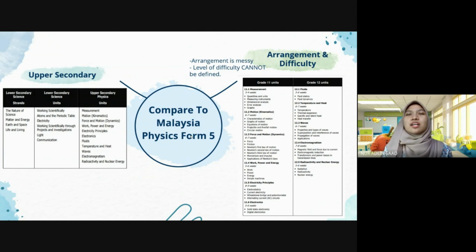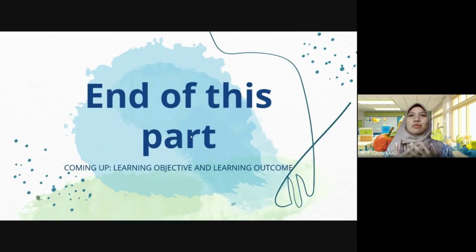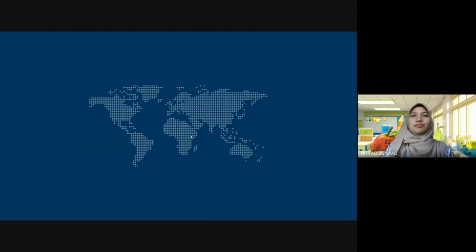So I think that's all I can prove to you. This is from an article that I researched about this country. So I will pass this presentation to Adib Alwi. But before that, we are having a discussion in the WhatsApp group. Thank you.